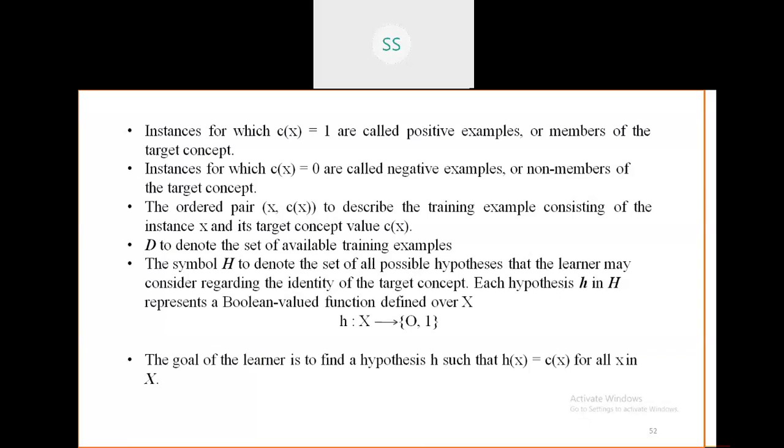If chosen, it is marked as 1, otherwise 0. So that is a Boolean-valued function, defined over x, that derives 0 or 1. The goal of the learner is to find a hypothesis h such that h of x equals c of x for all x in capital X.